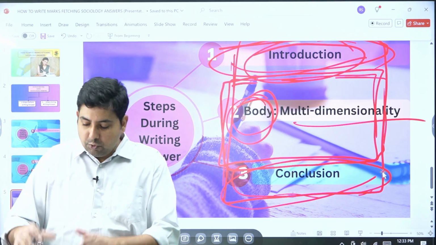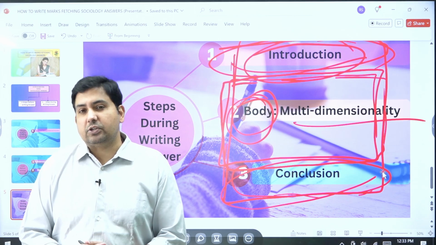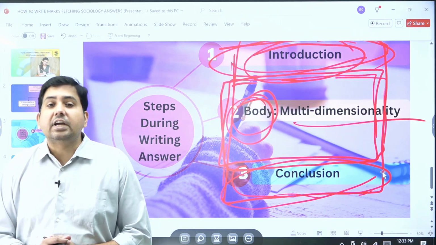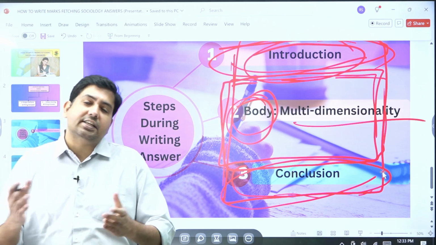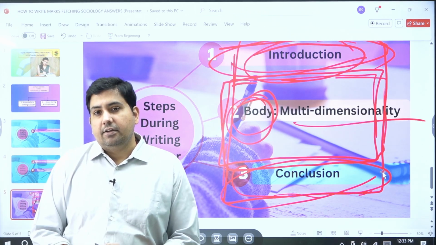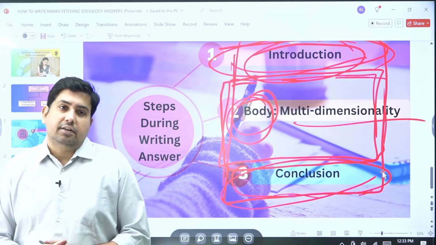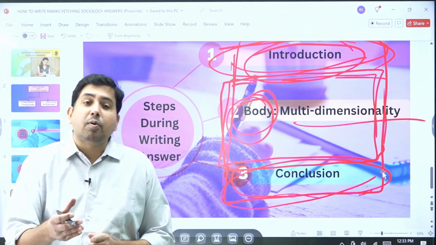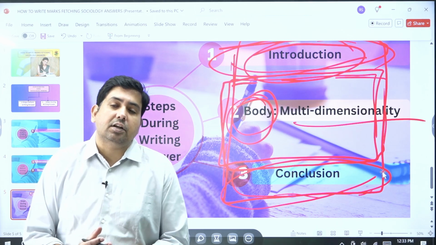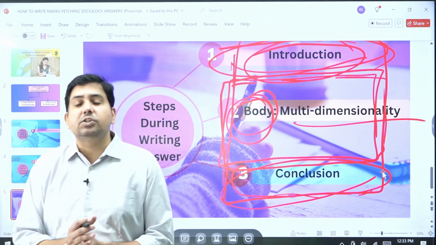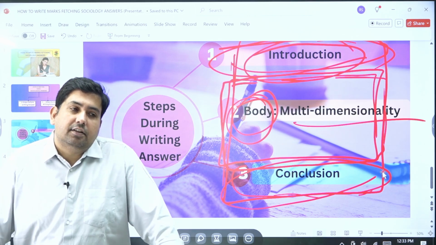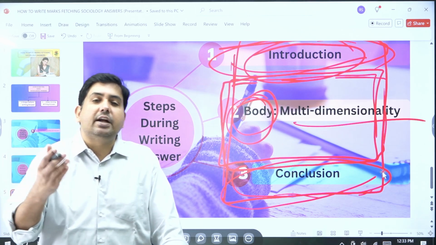For example, if you look into your sociology syllabus, there is suicide, child labor, poverty, violence against women, education, population. So data related to population growth, disparity in education, slums, informal sector, bonded labor, sex ratio, reproductive health. There is mention of displacement, migration.